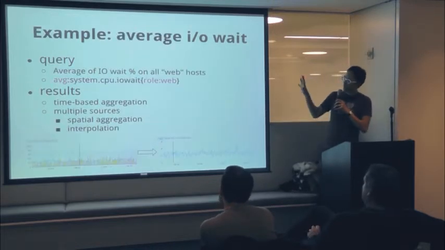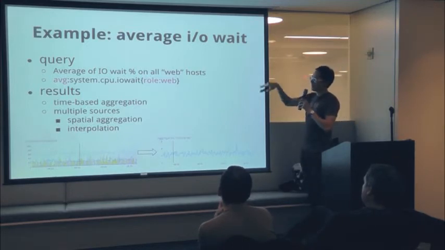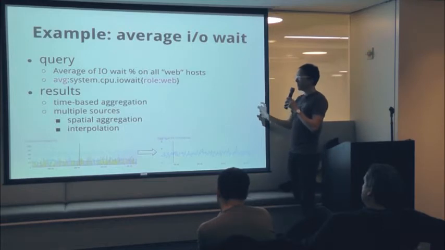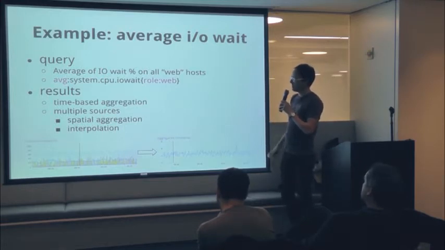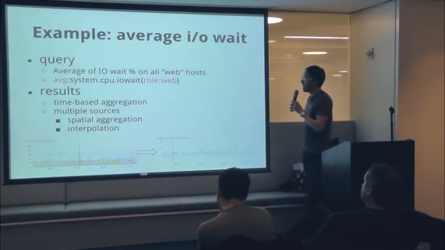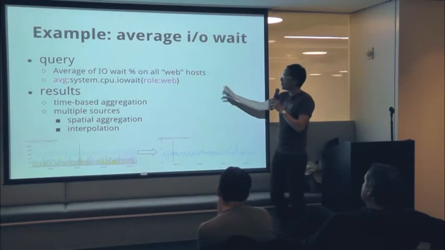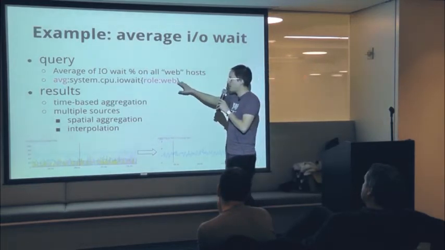If you want to get a little more complex, I want to explain some of the intricacies of time series and monitoring. Let's say you want the same metric but averaged across a number of machines, a number of sources, if you will. So the query is slightly different, but that's not that important.